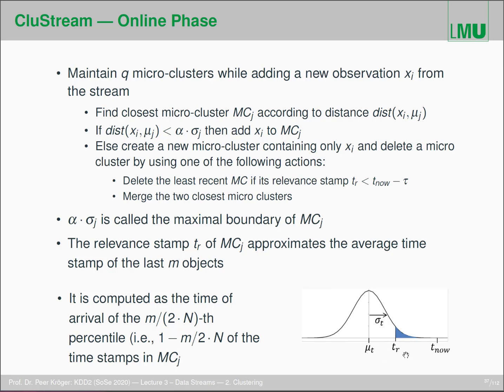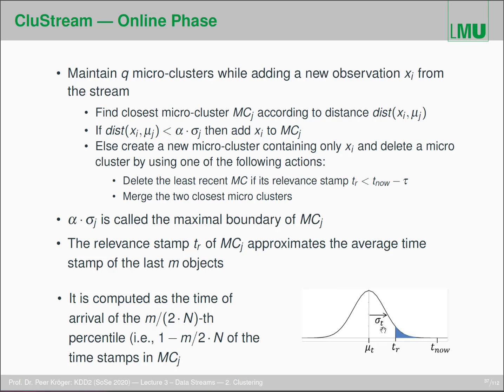I'm sorry for that, because this is a little bit confusing, because it says T here, but actually that should visualize exactly this idea here: if the point is within alpha times the standard deviation of the mean, you are okay.